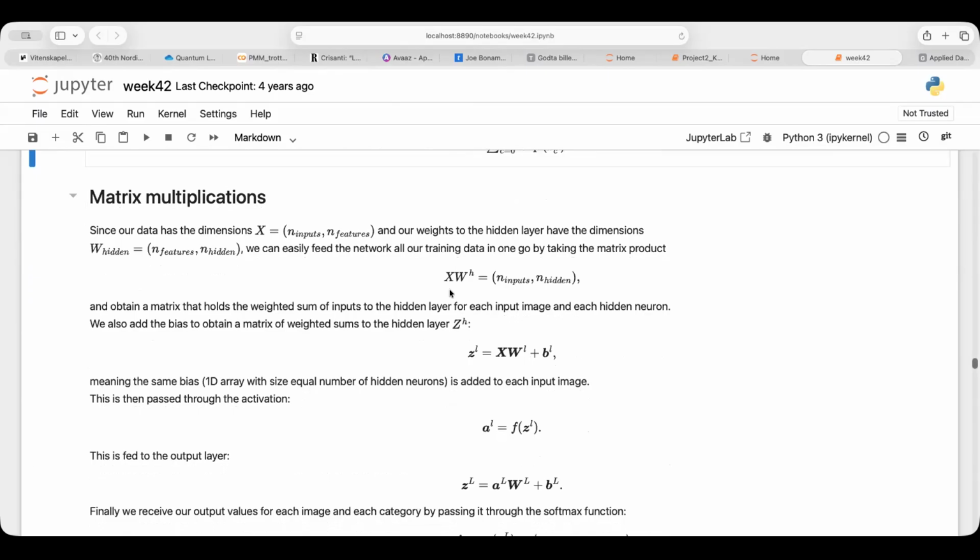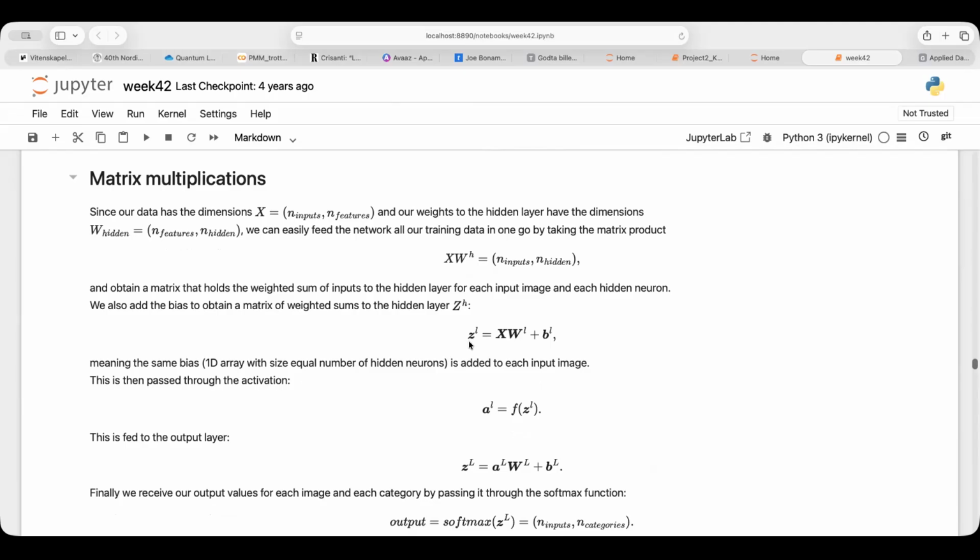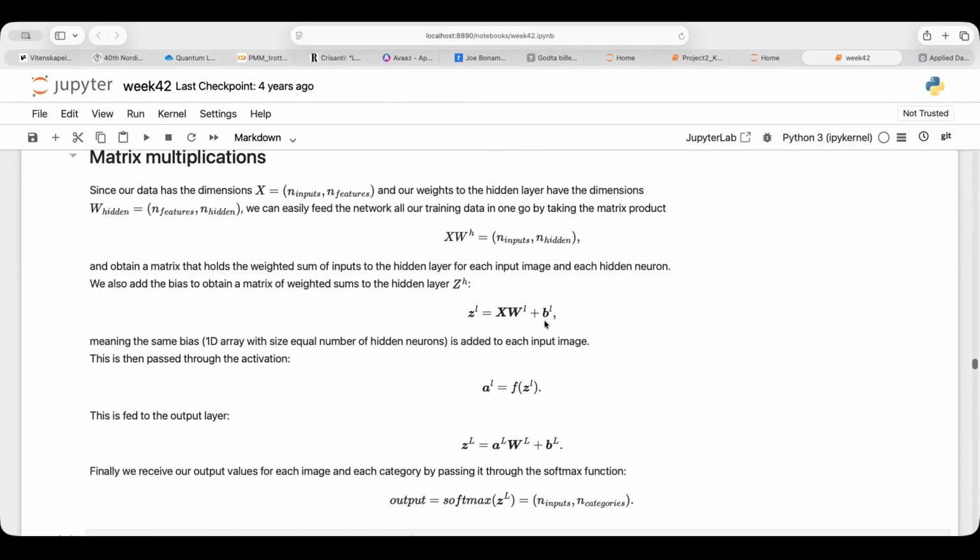And then I'm doing a matrix multiplication, where I take my feature matrix, X, which contains my input variables. So if I have 1,000 images and 64 pixels, this matrix X is 1,000 times 64. This is a matrix which contains all the weights. So that becomes a matrix of dimensionality inputs times the number of hidden. Then I'm setting up Z here, which is simply given by this matrix multiplication plus the hidden biases.